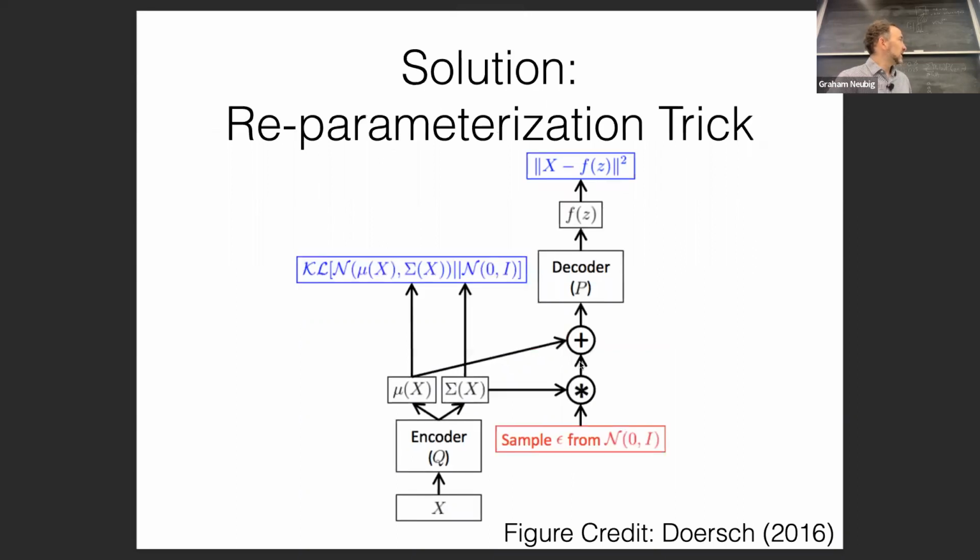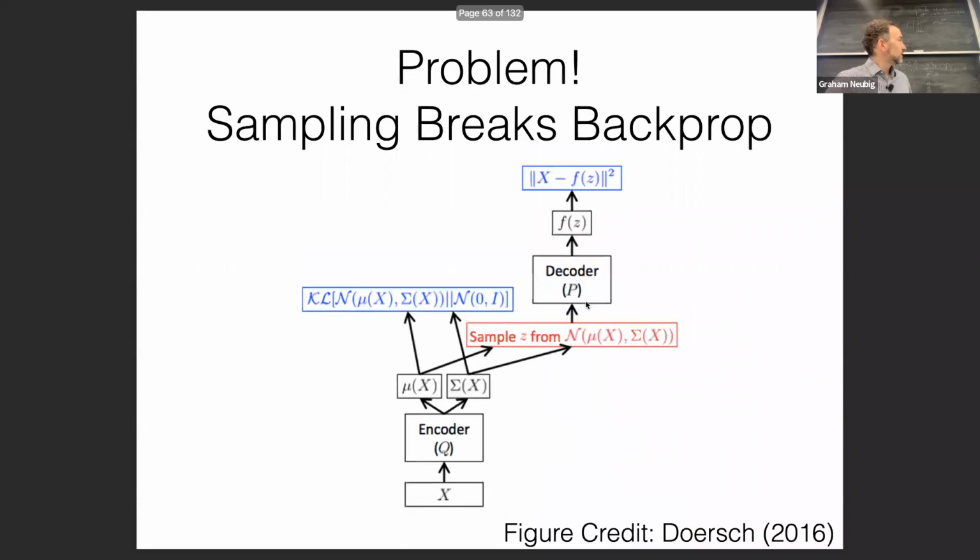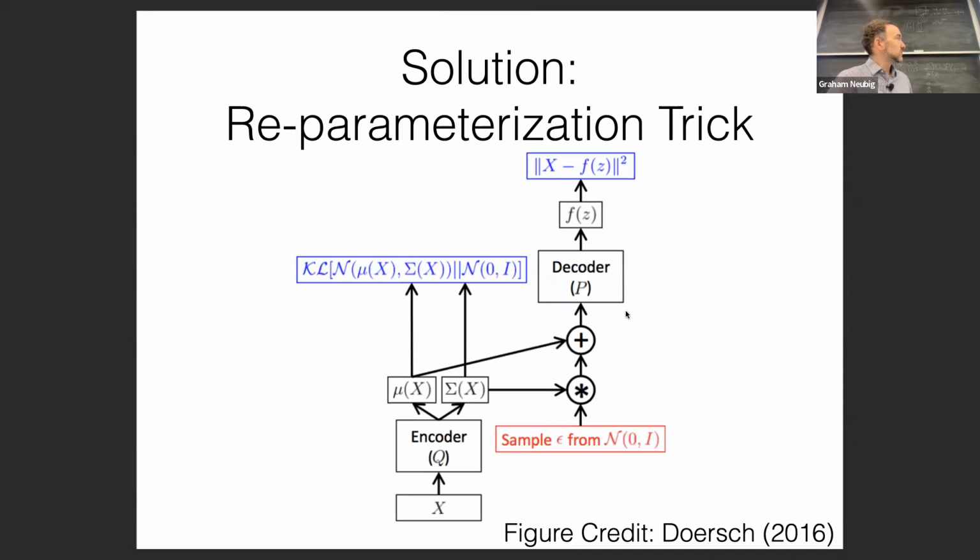Instead, we take advantage of the fact that you can also sample from a Gaussian by sampling from a zero mean, unit variance Gaussian, then multiplying the value by the covariance matrix and adding the mean. That also gives you a sample from the same Gaussian. So this procedure and this procedure will give you the same result.